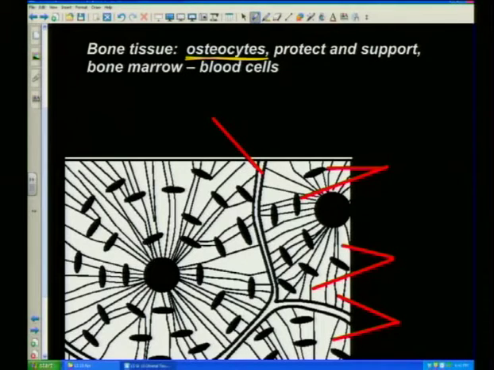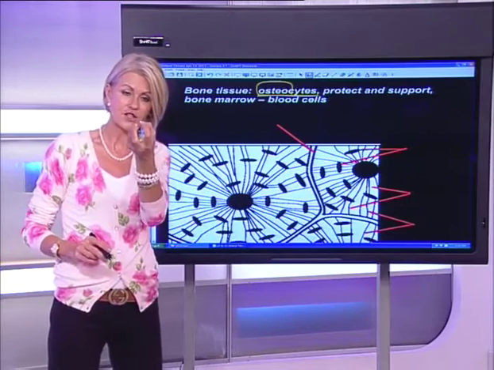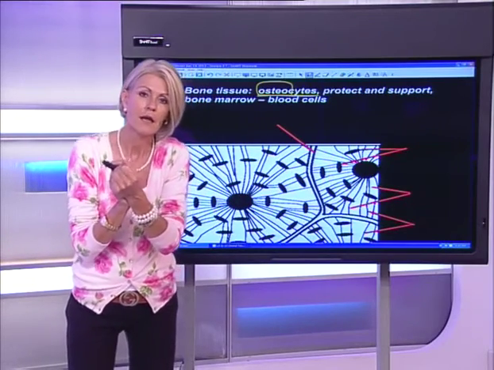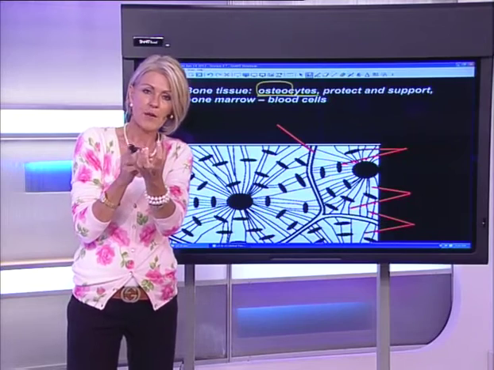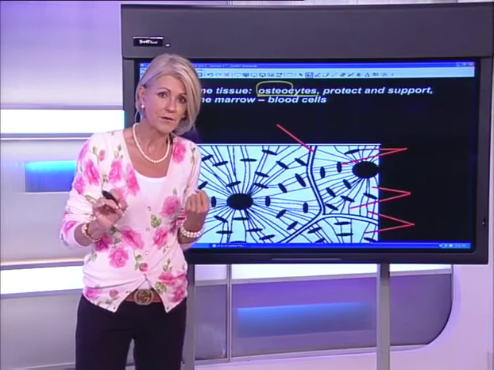Here you've got osteocytes. And this is where the word osteoporosis comes from. It's when those little osteocytes, the little actual living cells in the bone, die. And when they die, you end up with a little cavity which has nothing in it. And then the bone becomes porous, and it breaks very easily.